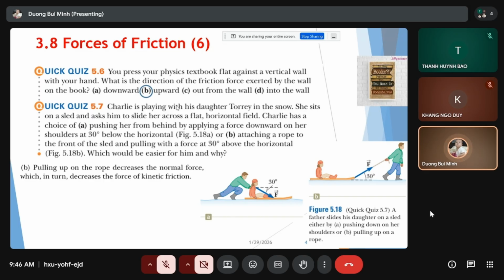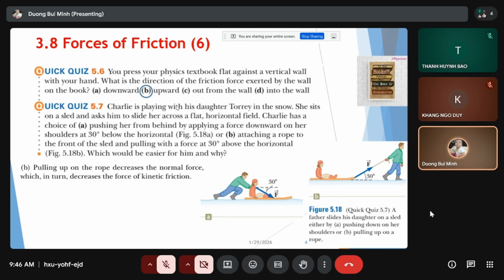Then we can get Fs, because Fs is mu s times the normal force. We know case B normal force is lower, so the static friction force is lower, and we get the correct answer here.